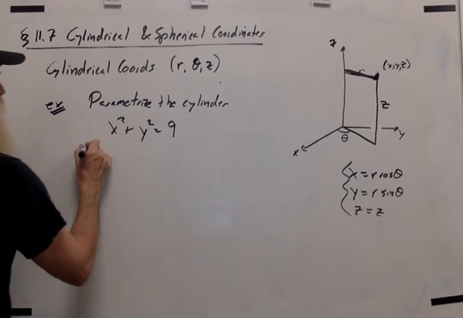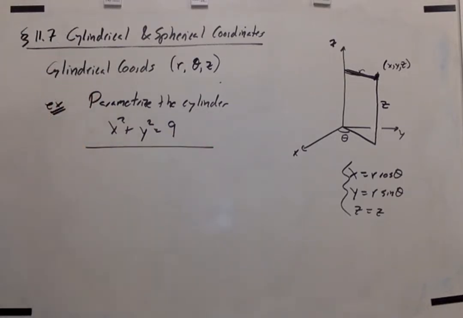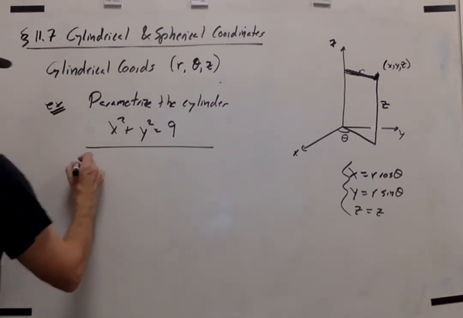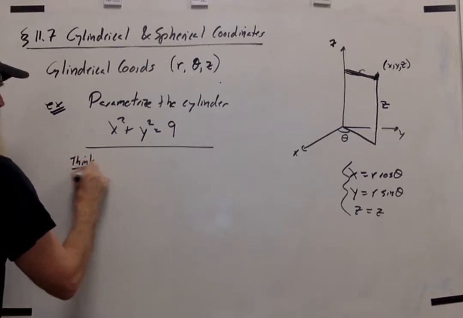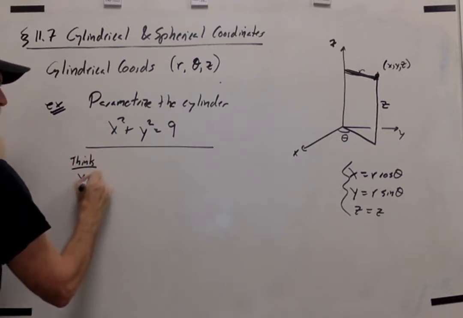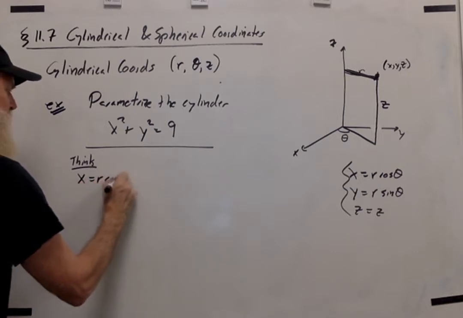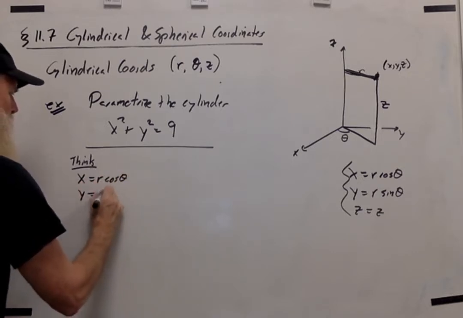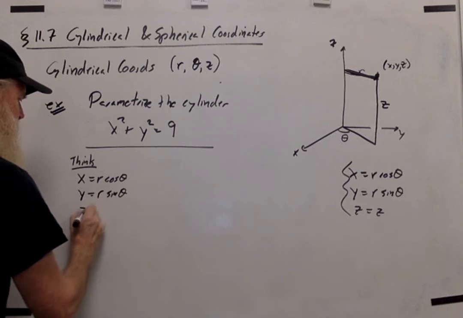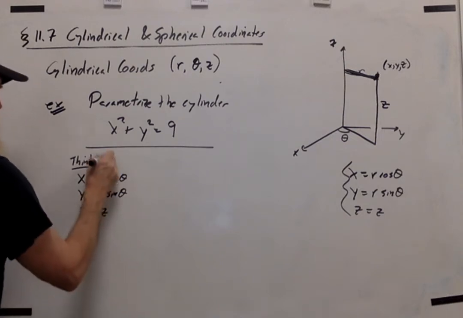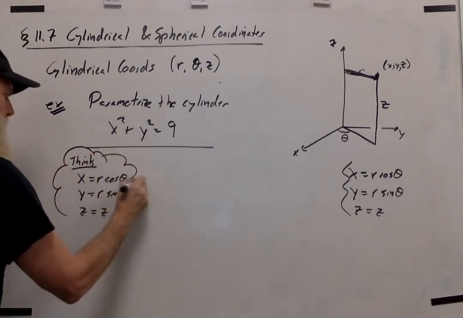If we want to parameterize using cylindrical coordinates, here's the method. You start off thinking about the general cylindrical coordinates: x equals r cosine theta, y equals r sine theta, z equals z. So I'm going to put that in a thought bubble.